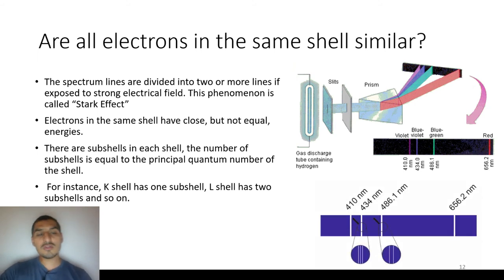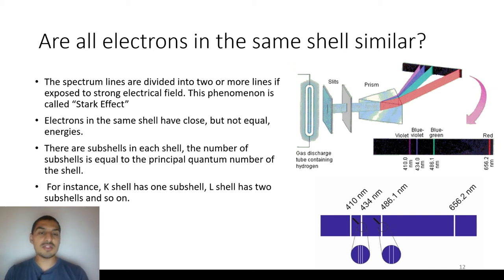When we took a closer look at the lines, we found that they are not single lines. The second energy level consists of two very, very close lines. The third consists of three very, very close lines. This means that the energy levels are not just energy levels; they are energy levels containing some sub-energy levels. We can call them subshells.